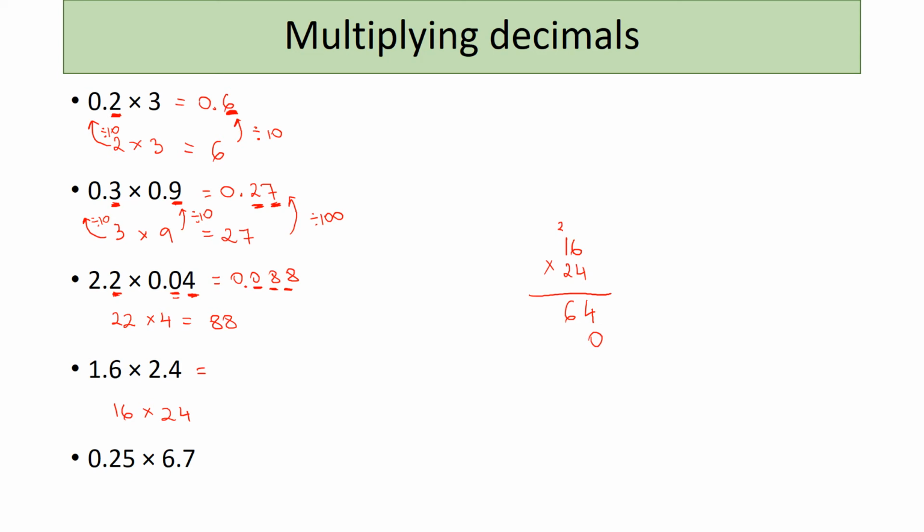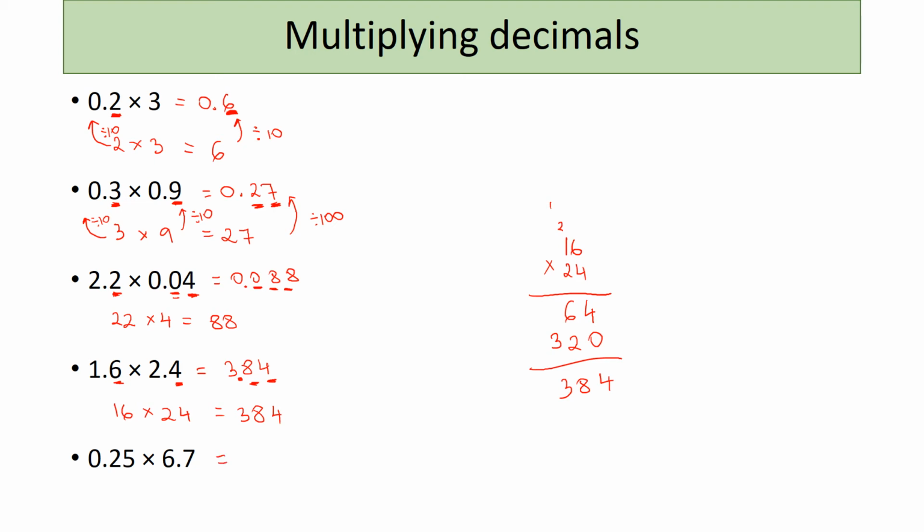Now, 2 times 6 is 12, carry the 1, 2 times 1 is 2, plus 1 is 3, so that is 384. Now, the question has 2 decimal places, so the answer also needs to have 2 decimal places. That means the point can go right here.